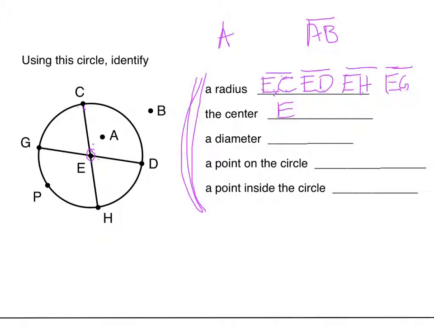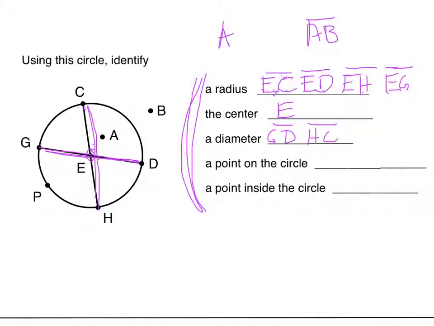The diameter, two possible answers. The diameter goes all the way across the circle through the middle, so you can write GD or DG, and then the other one goes up this way here, and so you can write HC or CH.